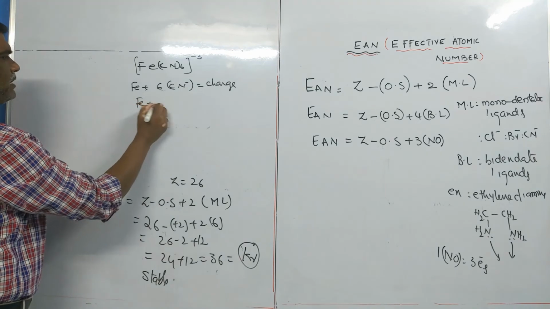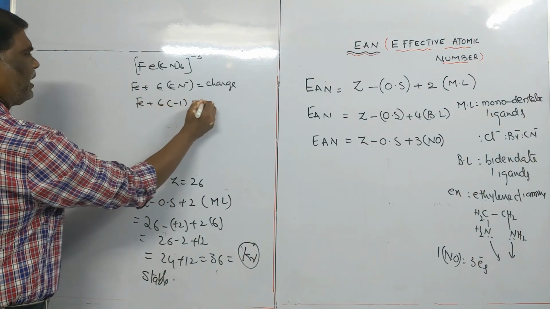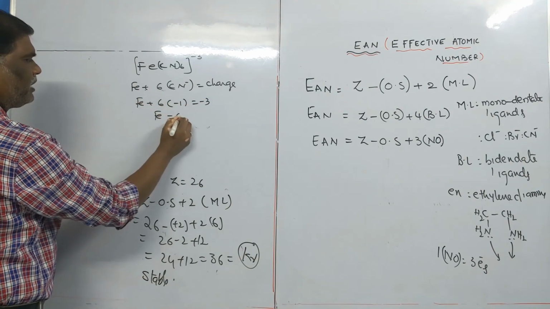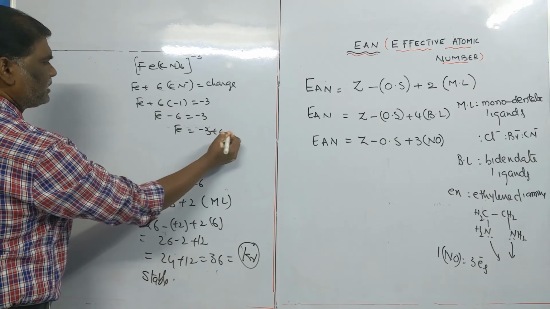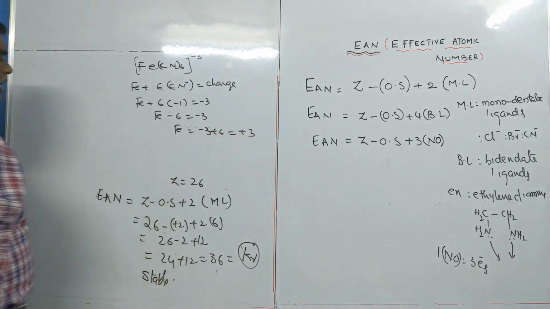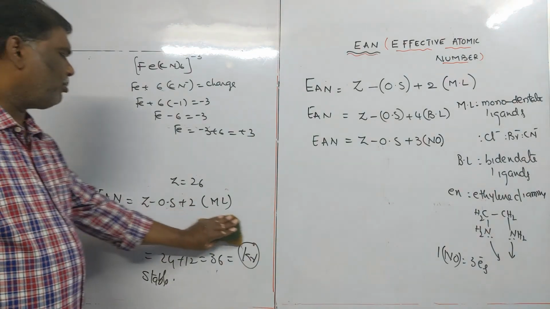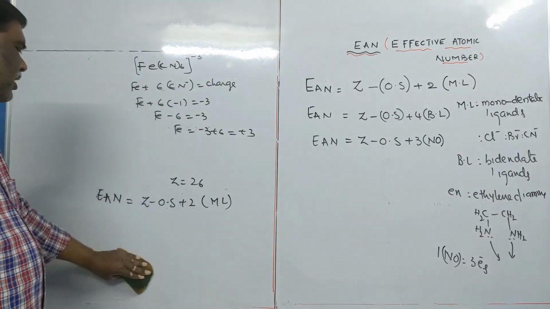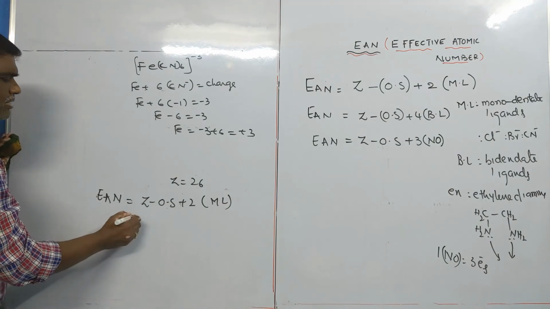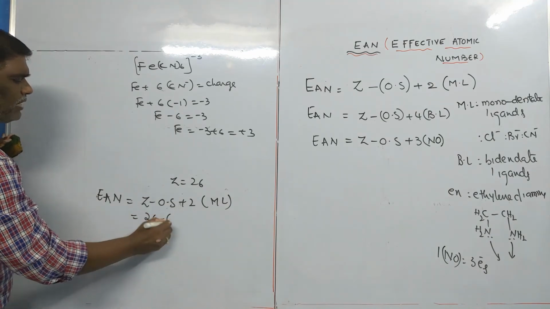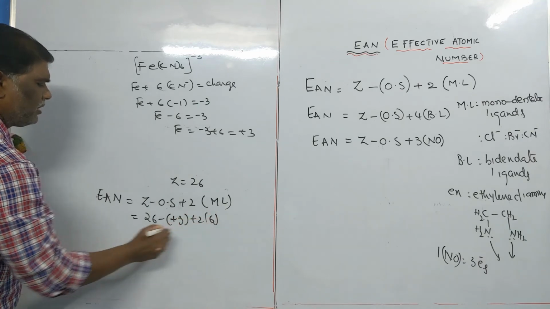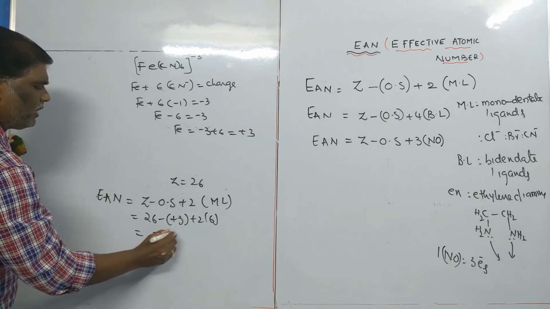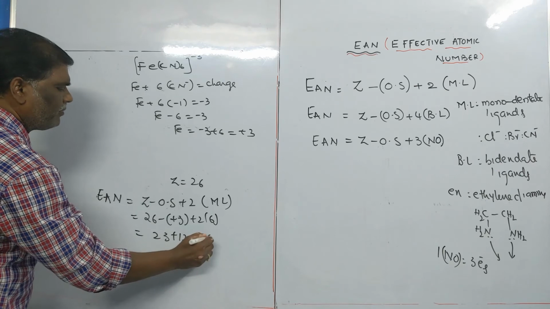Iron plus 6 into -1 equals -3. Iron minus 6 equals -3. Iron equals -3 plus 6, which means +3. The atomic number of iron is 26. On simplification we get 26 minus 3 plus 2 into 6, which is 23 plus 12, that means 35.